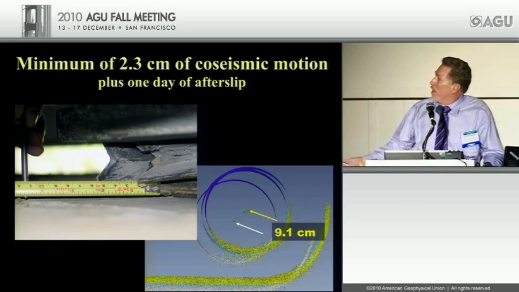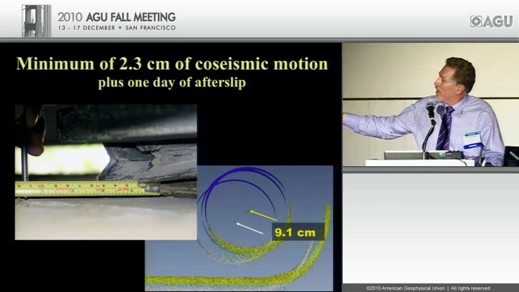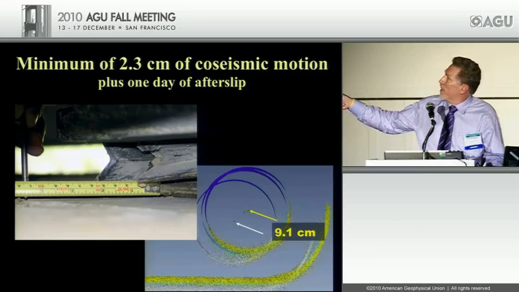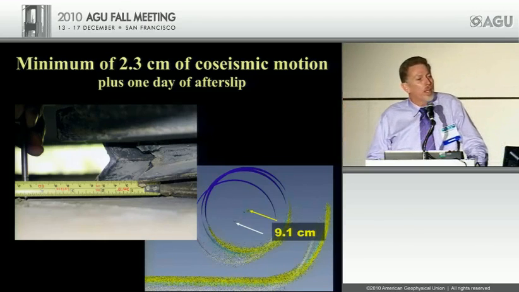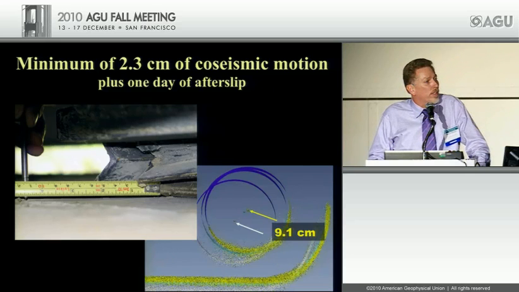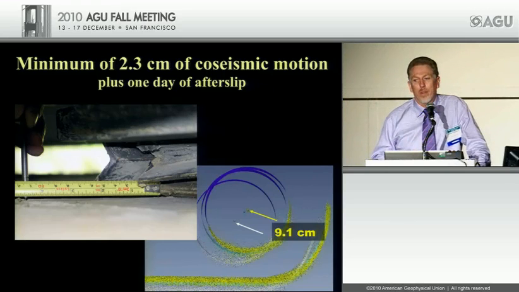But instead, the difference between the skid mark and the ground-based is basically the coseismic, which is 2.3 centimeters, plus the first day of afterslip. Caltrans has a report out there that says that the bridge moved by 1 inch, basically 25 millimeters. Now, they're not factoring in the fact that the bottom of the bridge actually deformed. It bent upwards of 3 centimeters. So the coseismic slip of the bridge in reality is about double this.